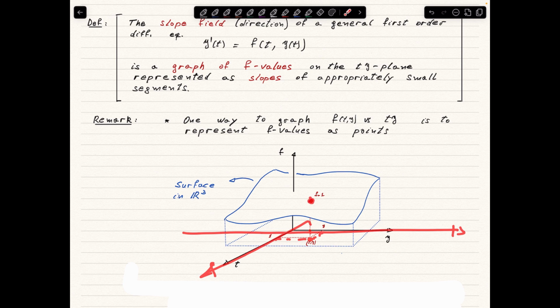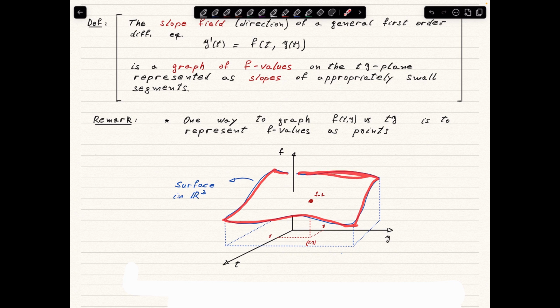Suppose a positive value here. At a different point we are going to have different values, and all the values of f then form some surface in R3. That's the usual way, isn't it?